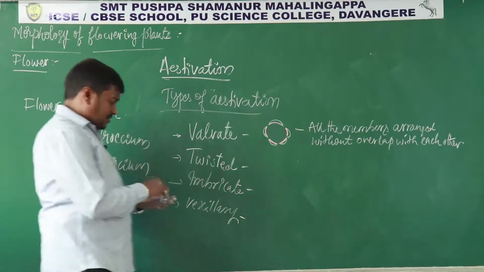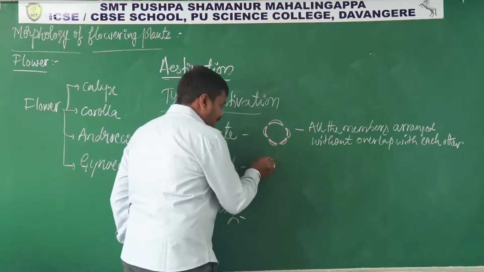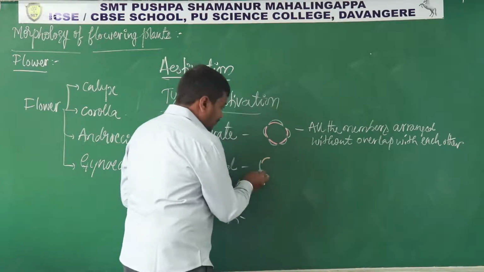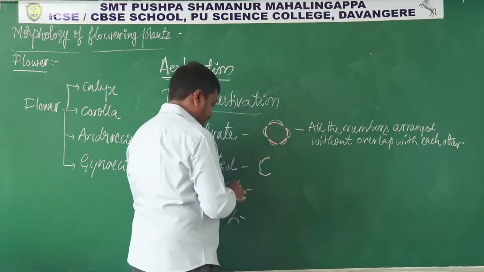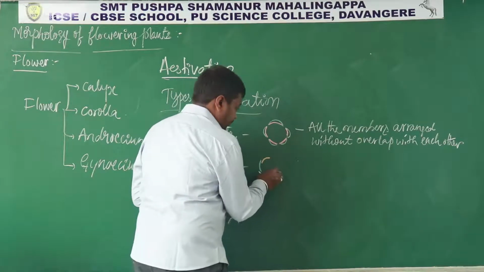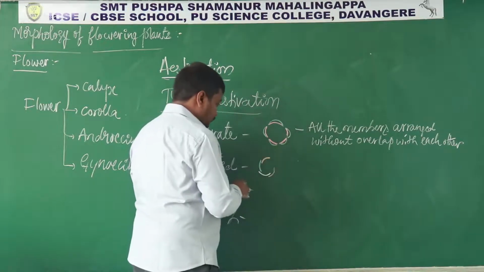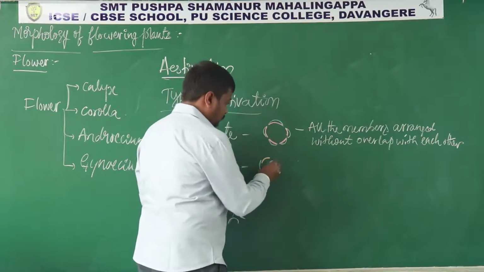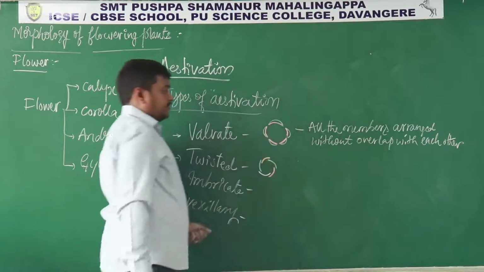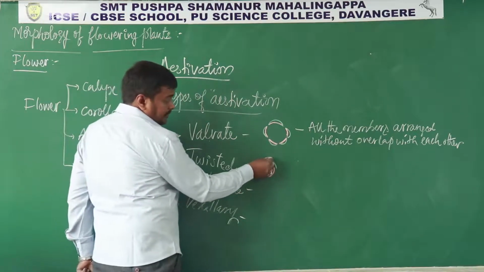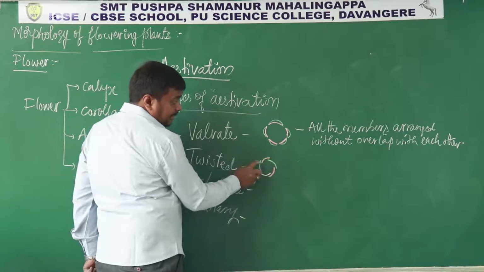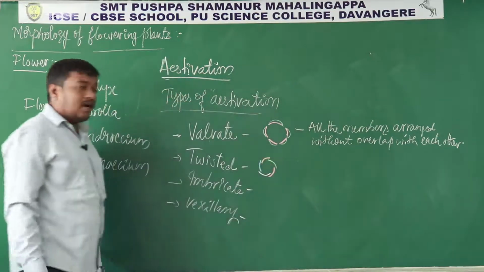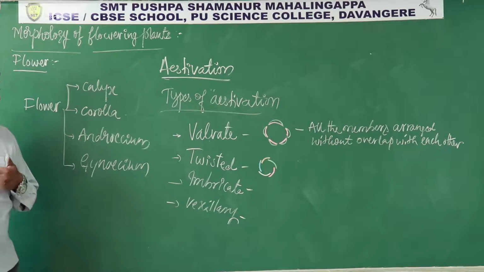Then come to the twisted. In twisted type, one member is overlapped by another member, and that member is overlapped by another member in a regular fashion. See here, this is one petal, suppose sepal or petal, it is overlapped by another, and this one is overlapped by one more. So here margins are overlapped with each other in a regular fashion.